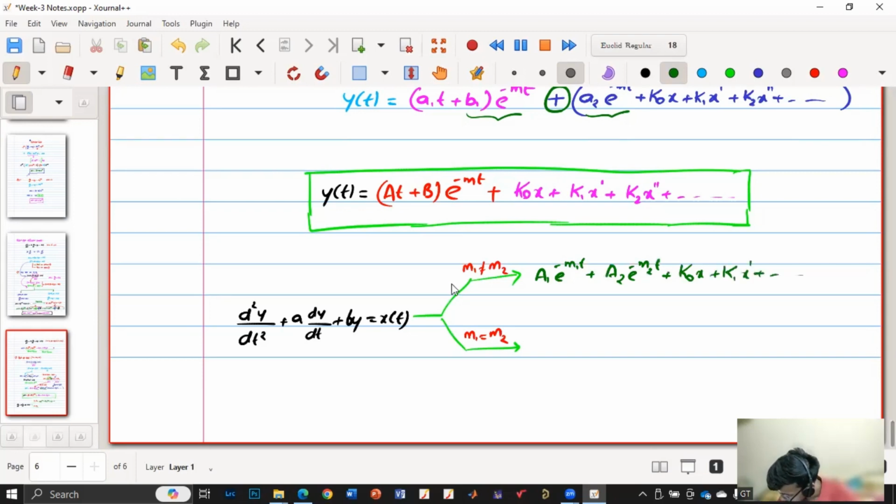Whereas in the second case, we'll get a1t plus a2 into e to the power minus mt, because m1 is equal to m2 is equal to m, plus k naught x plus k1 x dash plus up to so on. So this is for the second one. Is this fine? This is how we are writing a generalized expression for a second order differential equation.